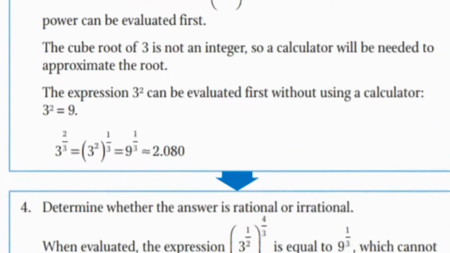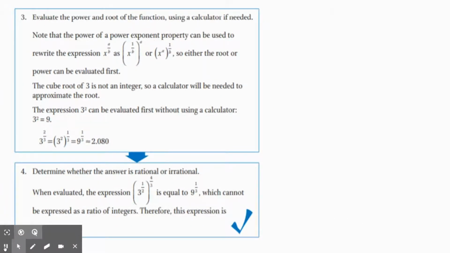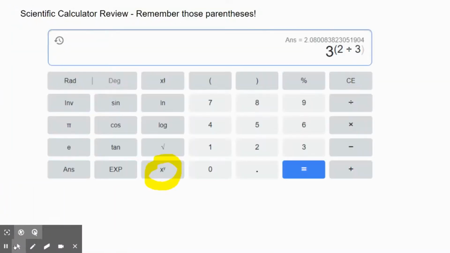Remember, if you're going to use a calculator to solve for your final answer or approximated decimal, remember to use those parentheses. When you're punching in the values to your scientific calculator, make sure that you know where your exponent button is. Sometimes it'll be written like this, or it will be written with the caret symbol, which is kind of like an arrow pointing up.